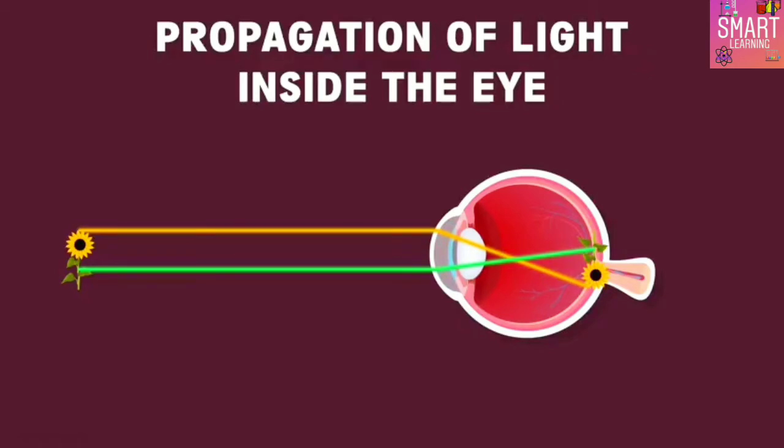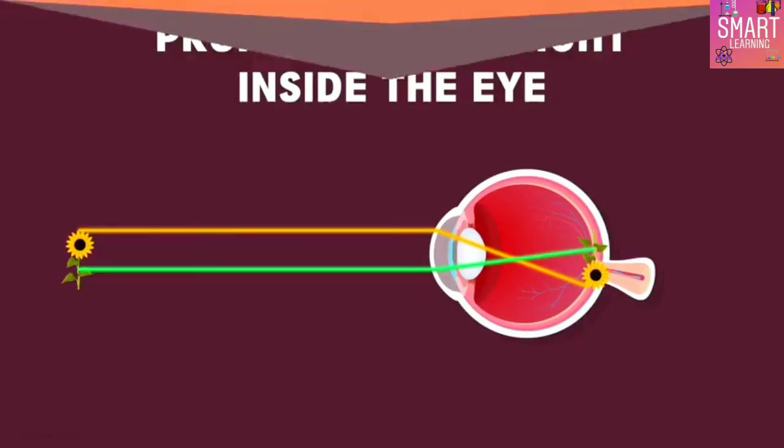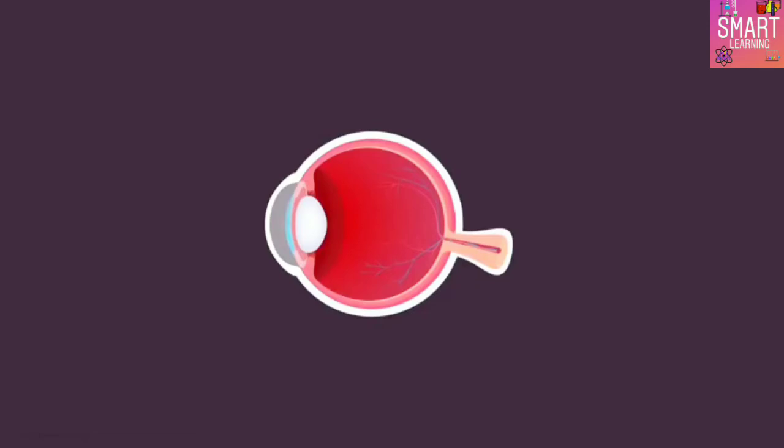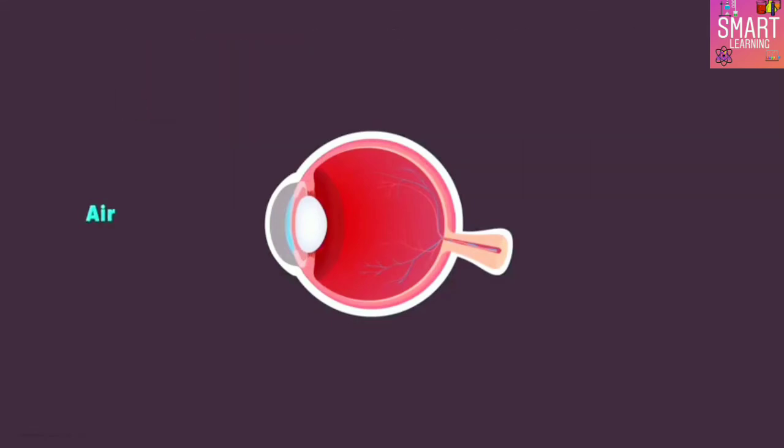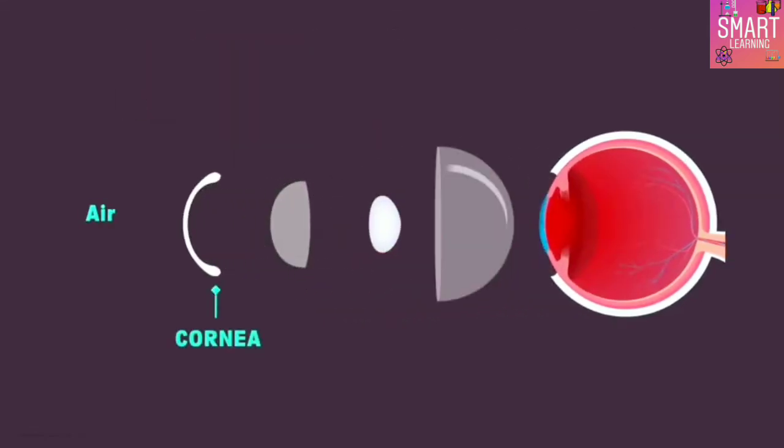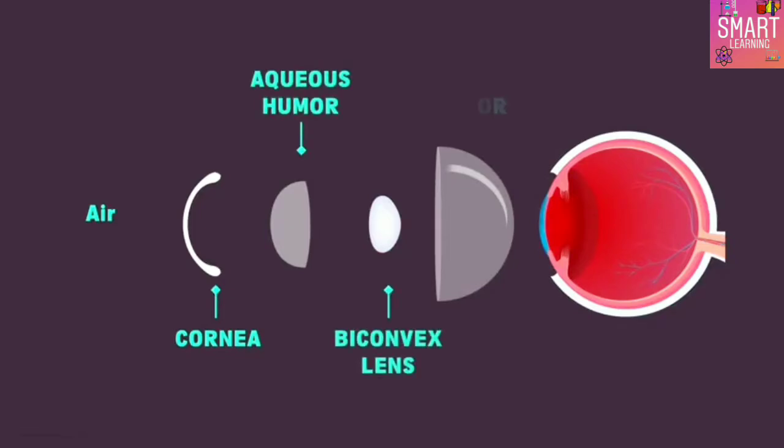There are multiple refractions occurring inside. In fact, much of the refraction occurs before the light reaches the lens. Let me get a bit technical here. Look at the eye closely. What are the different media through which light is traveling before it reaches the retina? This air, this cornea, then we have the aqueous humor, then the lens, and finally the vitreous humor.